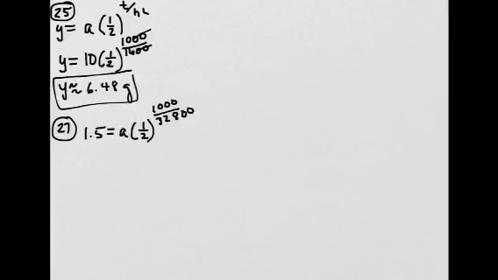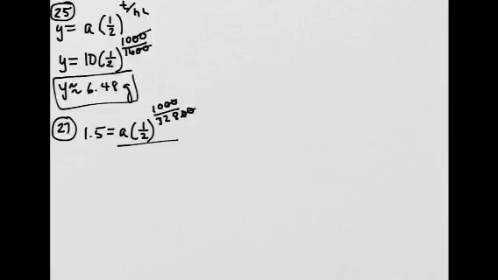So for 27, they're asking for the initial amount. They gave you the final amount after 1,000 years is 1.5 grams. Its half-life is 32,800 years. Again, to put fewer numbers into the calculator, divide by 100.